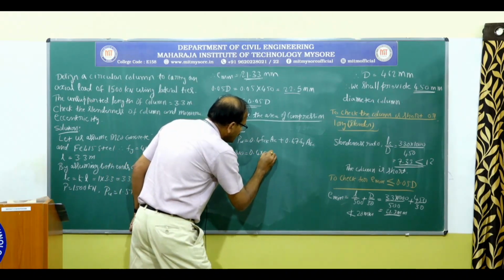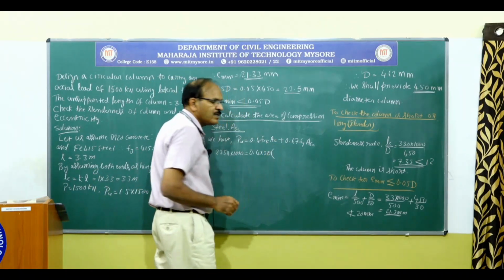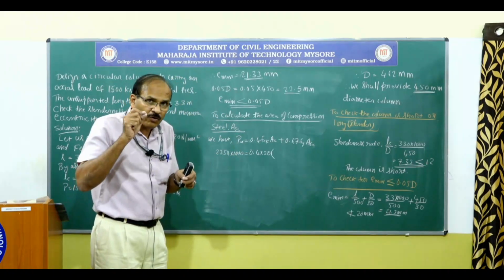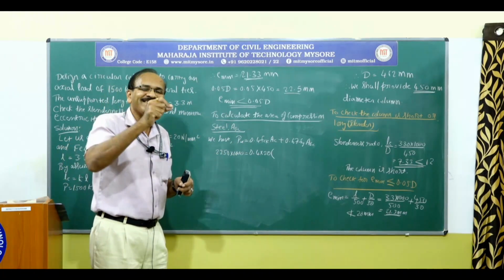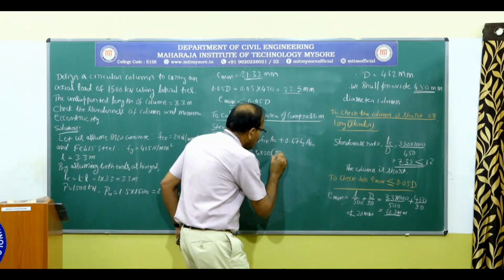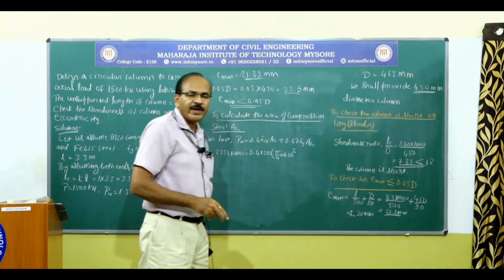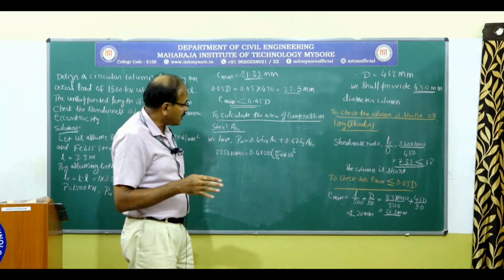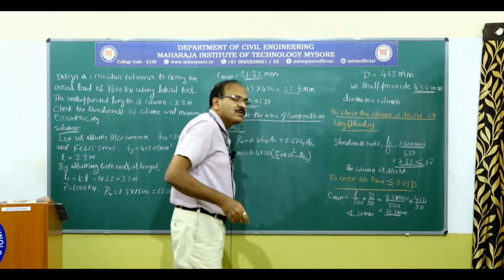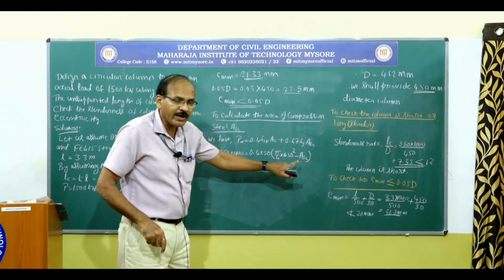0.4 FCK is 20 for M20 concrete, and area of concrete is given by gross area AG, that is pi by 4 d square. Now we know what is d, that is 450 millimeter. So pi by 4 into 450 square will give you the gross area of cross section, minus ASC, that is the area of compression steel, will give you the area of concrete.